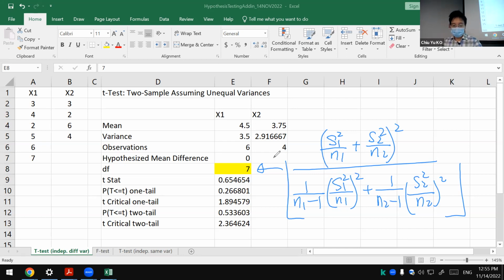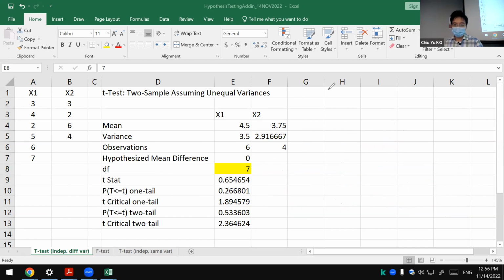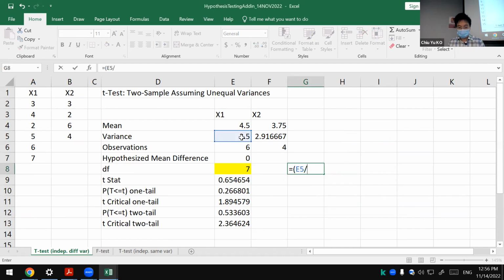Okay, so maybe I try to prove this is the formula that we're using, because that is usually the way you would try to understand what's going on, by actually doing the formula. If you remember, the numerator will be (S1² over N1 plus S2² over N2), and take the whole square.